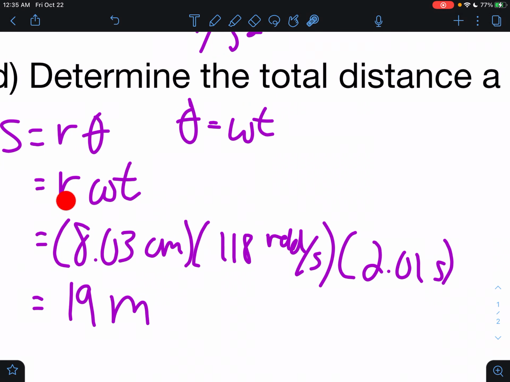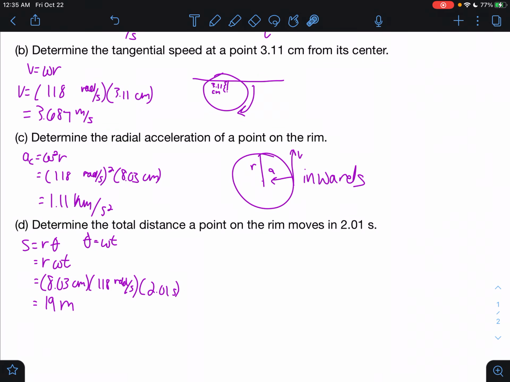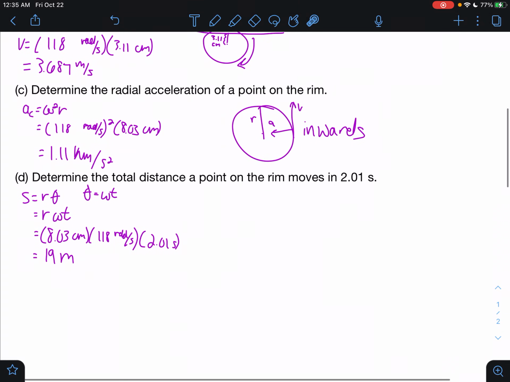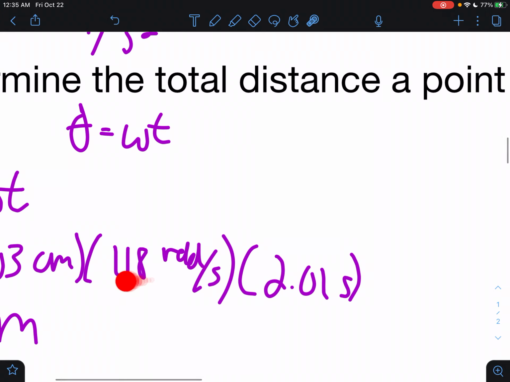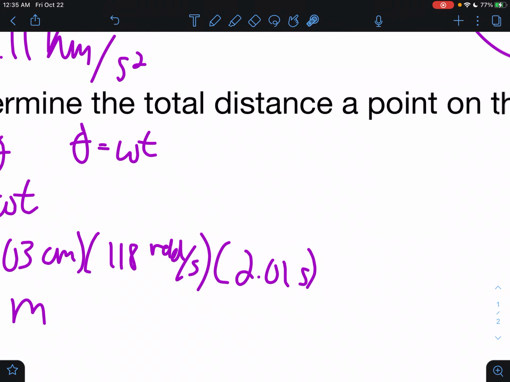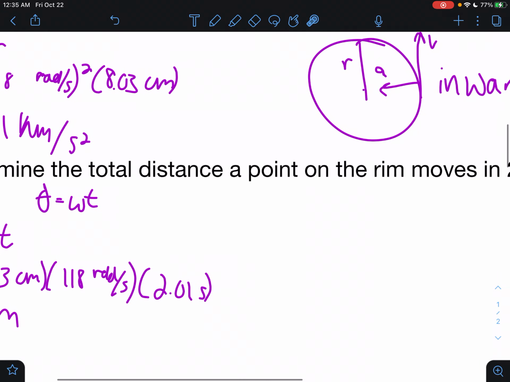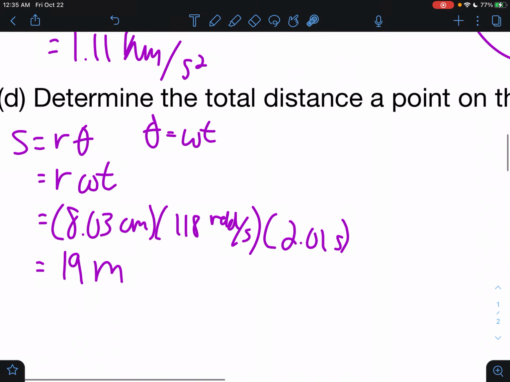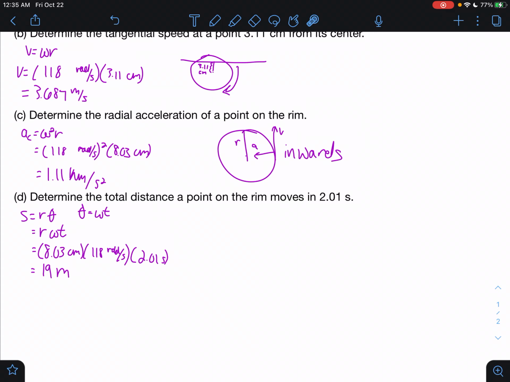So it's the 8.03 centimeters, which is the distance from the center to the rim. This is that 118 radians per second, and this is the 2.01 seconds because it's what was given to us, and you get 19 meters.